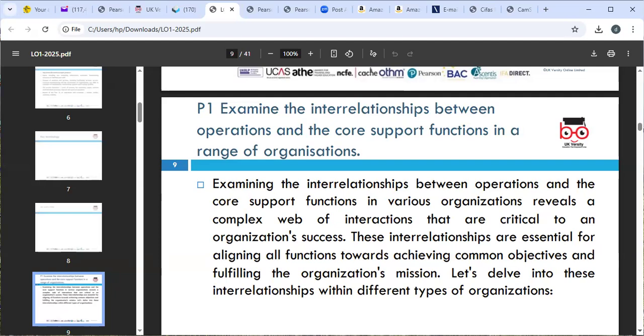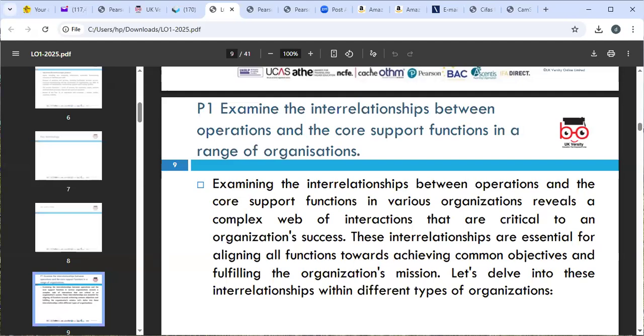Examine the interrelationship between operations and core support functions in a range of organizations. Examining the interrelation between operations and the core support functions in various organizations reveals a complex web of interactions that are critical to an organization's success.